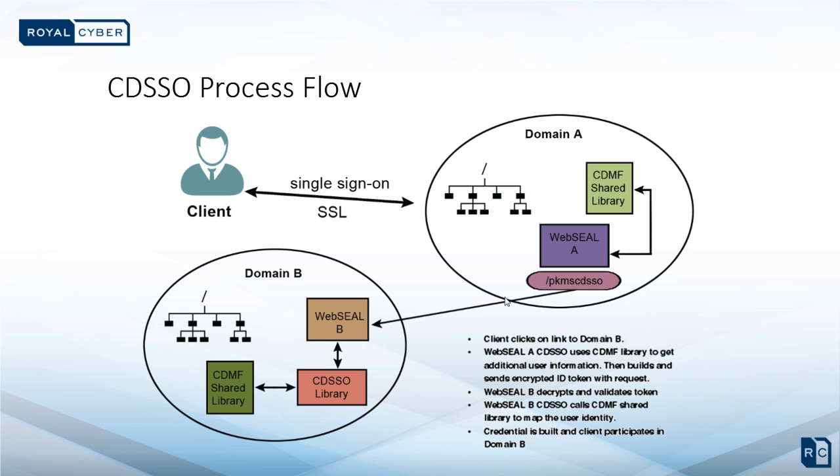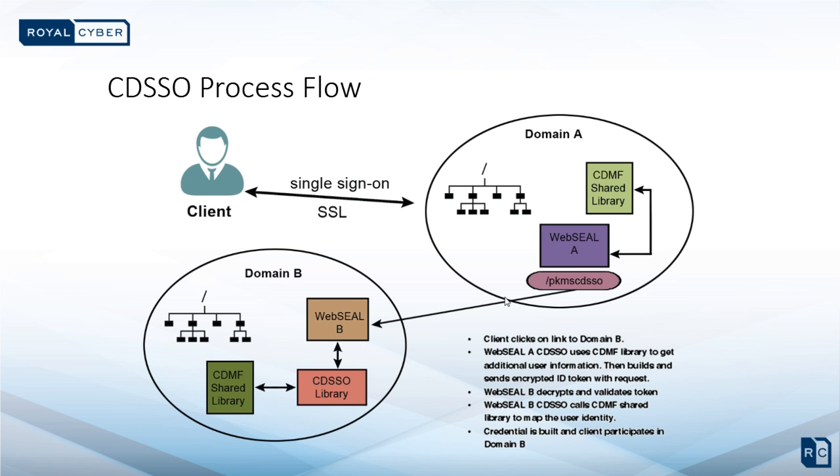And attribute information can come from two sources. First, there is the stanza in the WebSeal configuration file called cdsso-token-attributes, if it is checked for configuration, and the second thing is the CDMF library, that is the cross-domain mapping framework.